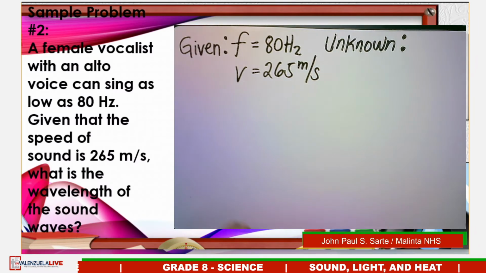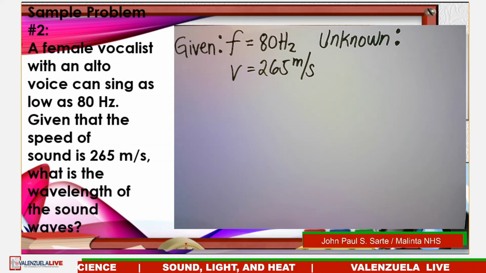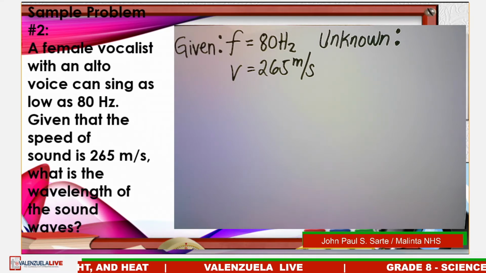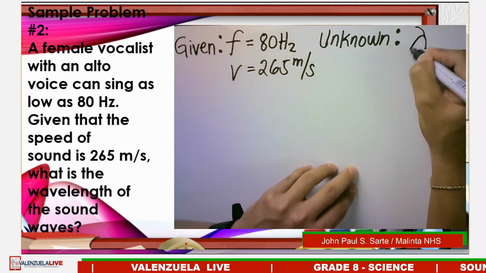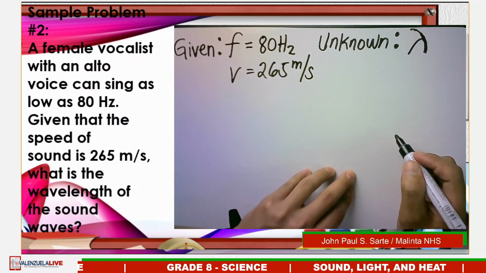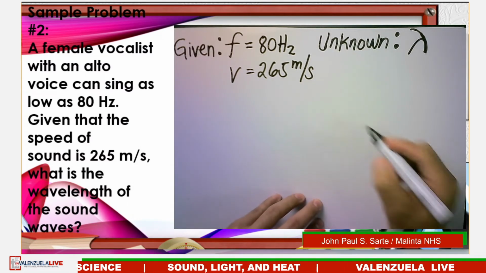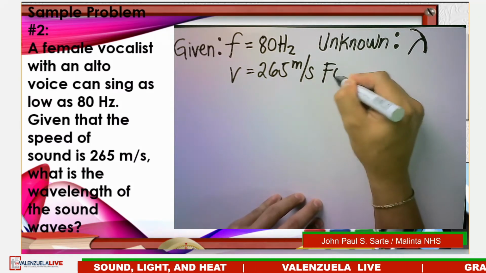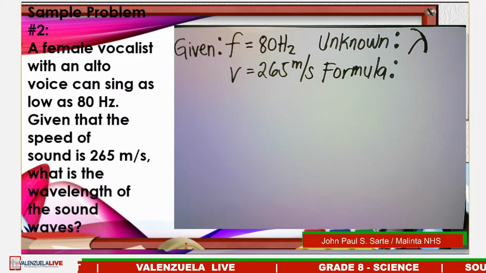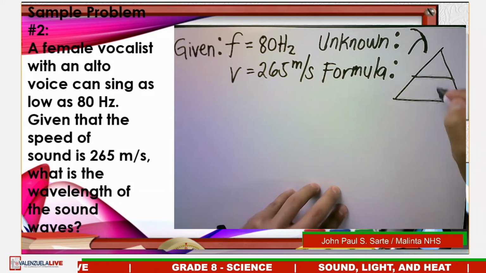So, in the given, what are we looking for? Anyone? Exactly. We are looking for the lambda or the wavelength. Do not forget the inverted y. Okay? That is lambda. How about the formula that we are going to use? We are done with given and unknown. Do you still remember the triangle a while ago?